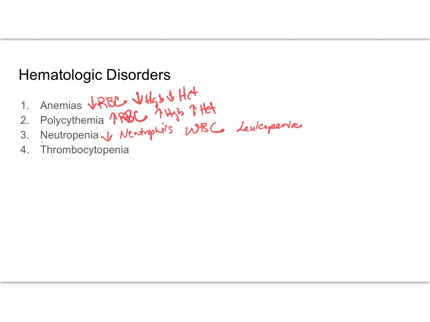But neutropenia is what we're going to focus on and use when it comes to like tests and exams. And then thrombocytopenia, what's my big issue? Platelets. And they're up or down? Okay. So everything's down except for in polycythemia. And depending upon the type of cell that's abnormal, it's going to affect symptoms and our treatments, our risk factors, concerns. That all makes sense? Okay.